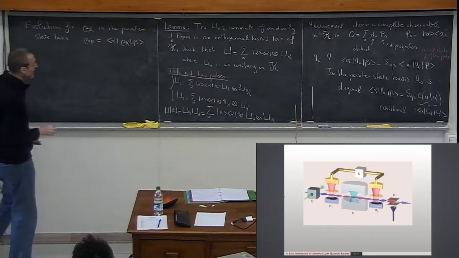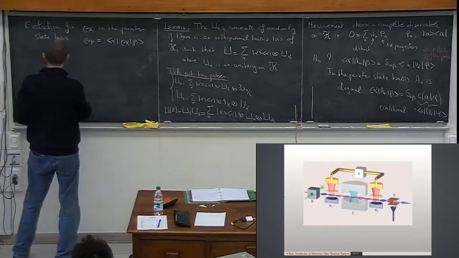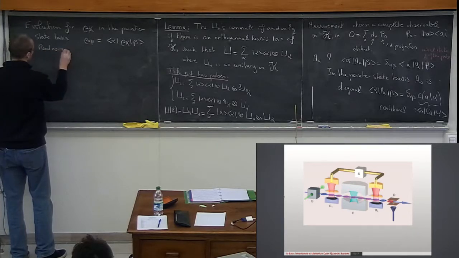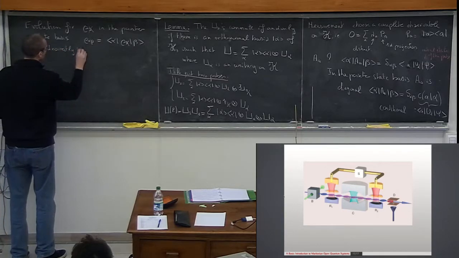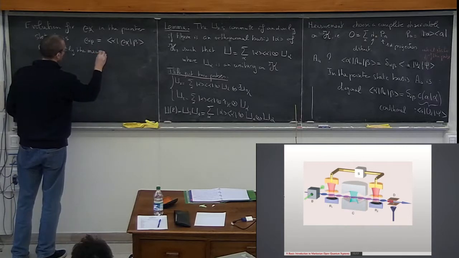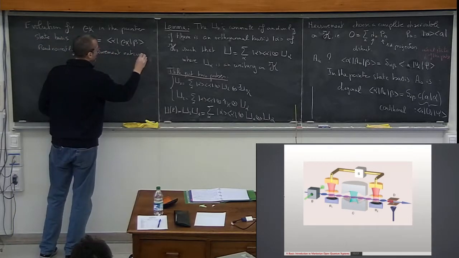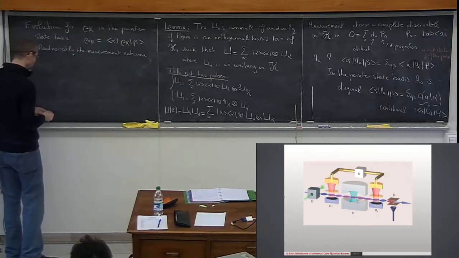And then you just have to write down the equations. So you imagine that you read correctly the measurement outcome. And what do you see then?